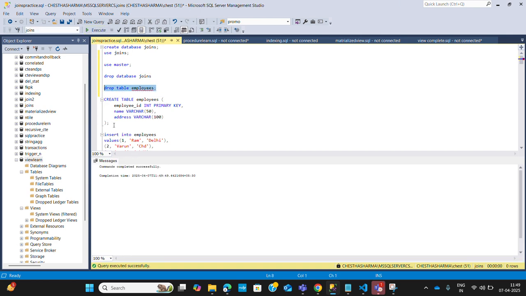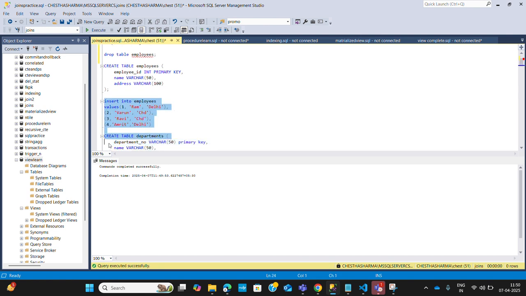After dropping this table in the database, I'm creating this table again, and then I'm inserting the data in this table: employee name, ID, and address.